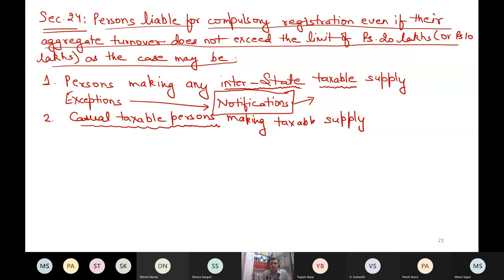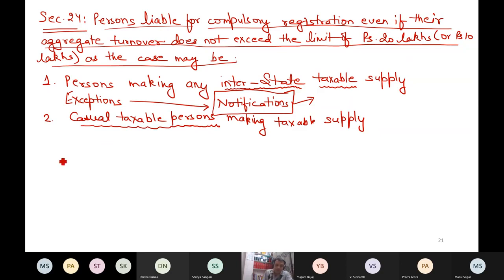So the technical definition we can discuss later on when we discuss separately the topic of casual taxable person, but the general layman definition is casual, that they do business only for some specific purpose. It's not a regular business. All casual taxable persons who are making any taxable supply, they are compulsorily liable.